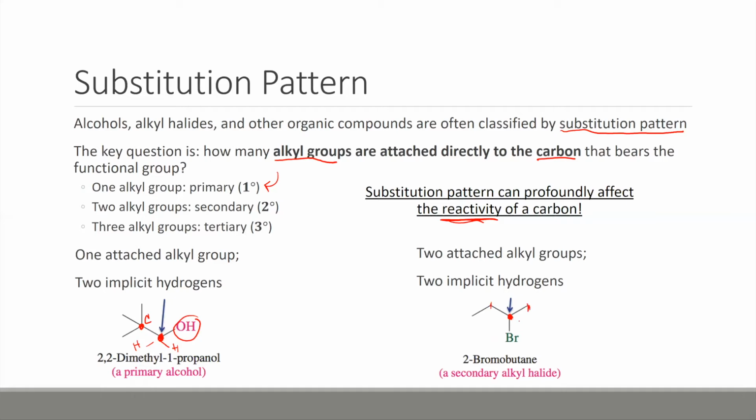And remember, it has another hydrogen here. We're just not showing it. Okay, so 2 other carbons makes this a secondary alkyl halide. Again, depending on what type of alkyl halide or alcohol will affect the reactivity.